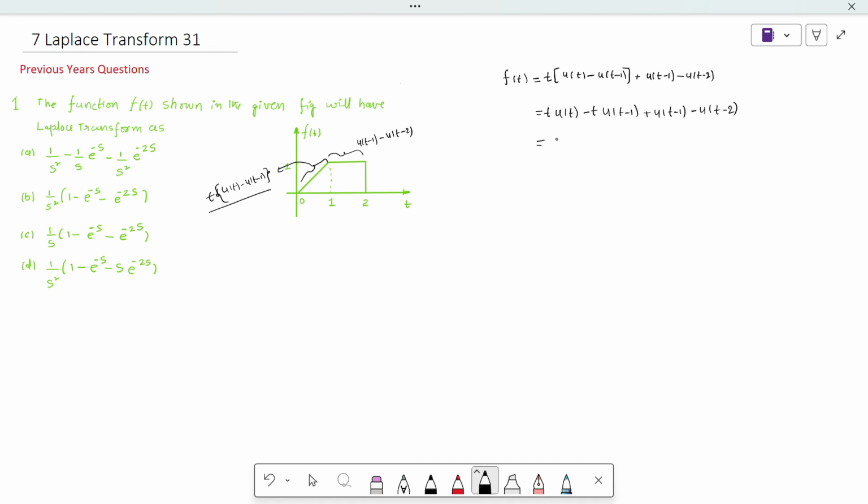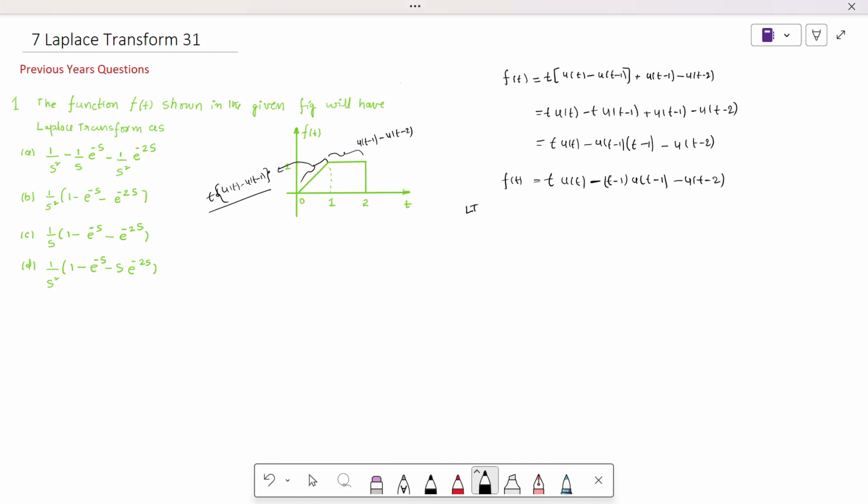Then for convenience, I am writing like this: minus, I am taking t minus 1 plus 1, so I will get t minus 1 into u of t minus 1, minus u of t minus 2. So here t minus 1 is multiplied by the 1 unit delay in the unit step, minus u of t minus 2. So this is the case. This is f of t.